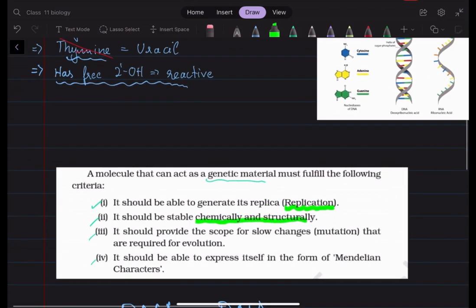You know that in the transformation experiment, even after heat killing the S strain bacteria, the DNA was able to transfer into the rough strain bacteria. So you see how stable genetic material should be, and it should also be stable because any sort of change in the genetic material could change the characteristics of the organisms.